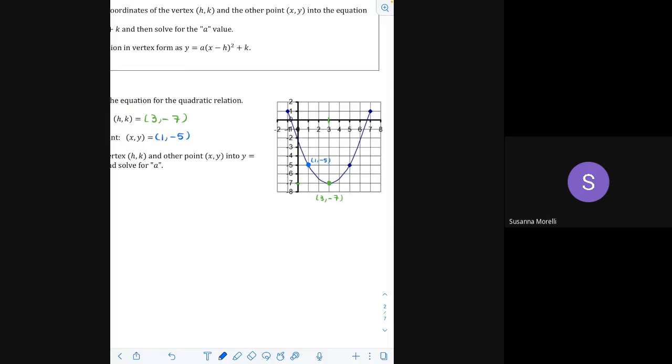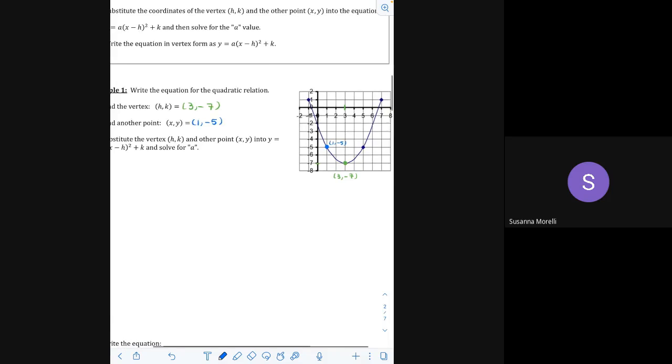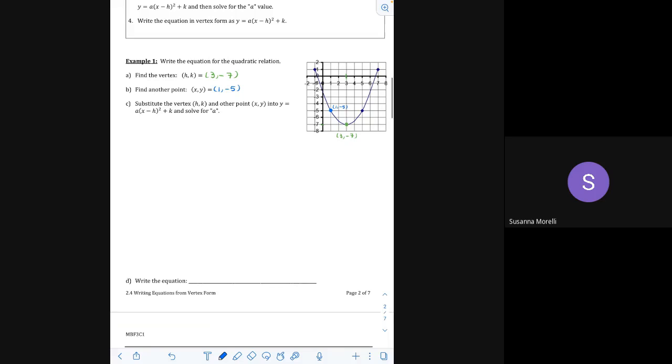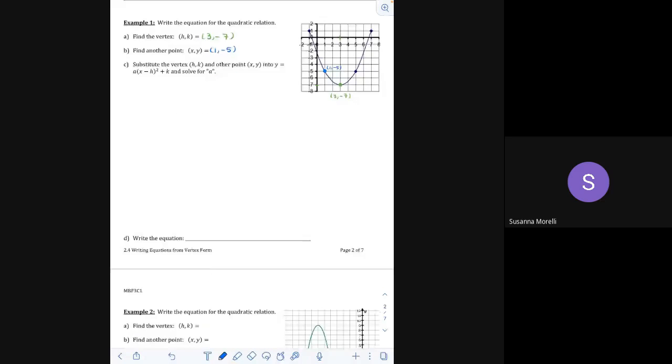Now I have all the information I need to come up with an equation. The first thing you're going to do is write down the general equation: y is equal to a(x - h) squared plus k. Then I'm going to plug in my vertex.